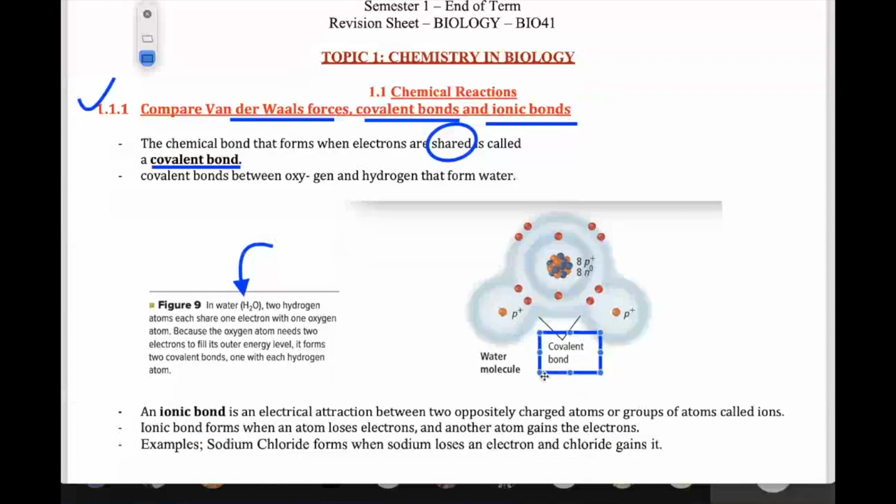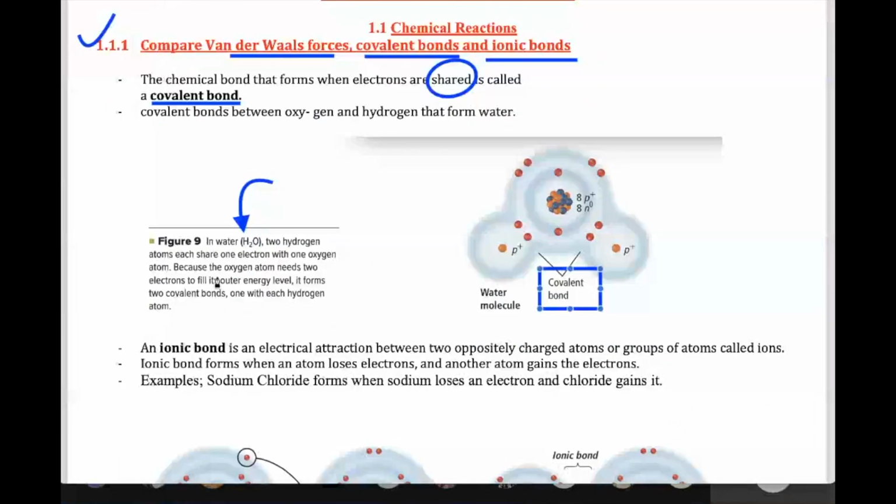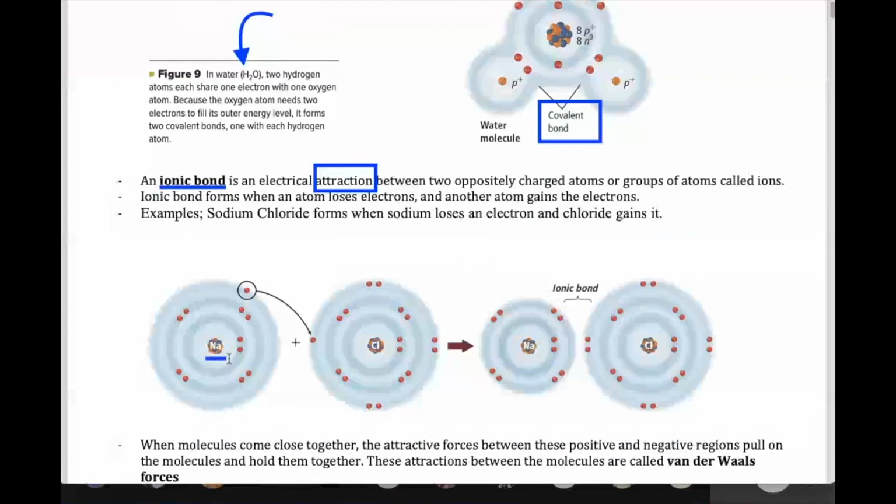Now, ionic bond is when there are forces of attraction. You don't see a share, you see attraction. This is how you will notice that it is talking about an ionic bond. These attractions can be easily seen between sodium and chloride, so NaCl, and hydrogen and chloride, like hydrochloric acid.